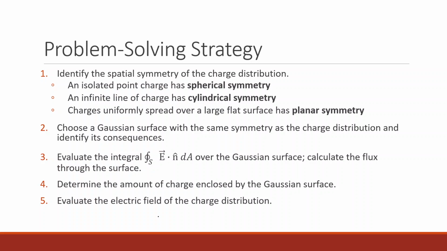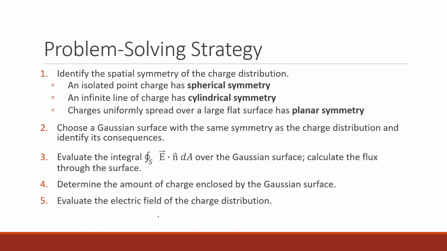An infinite line of charge would have cylindrical symmetry, so we can kind of treat it like a rod. And charges that are uniformly spread over a large flat surface have planar symmetry.